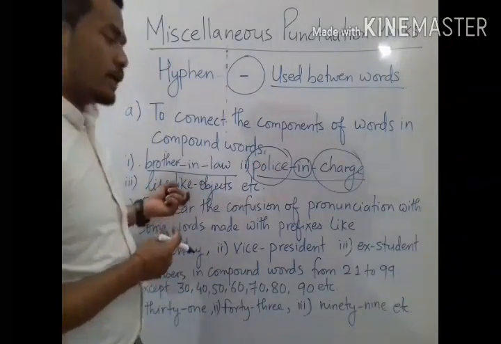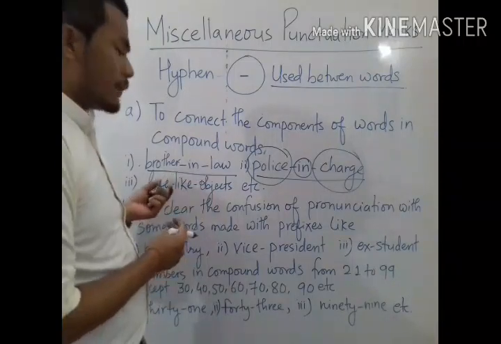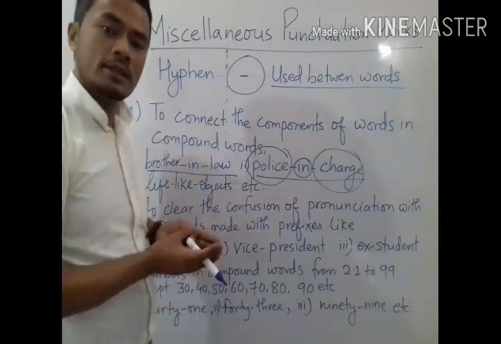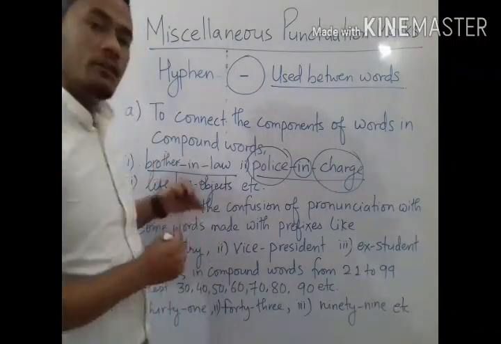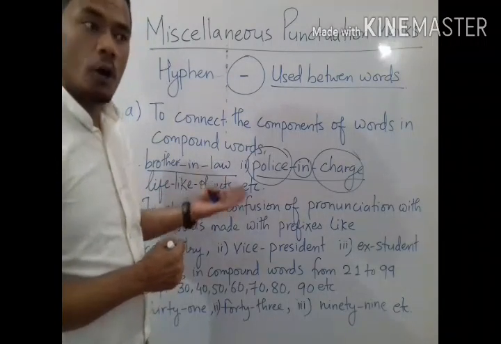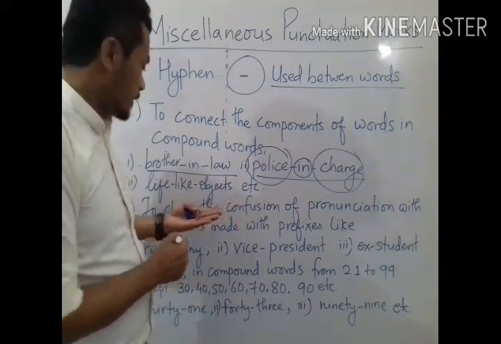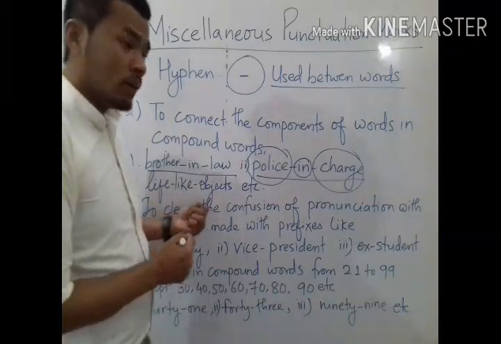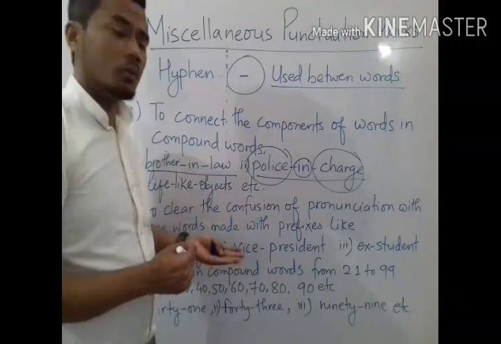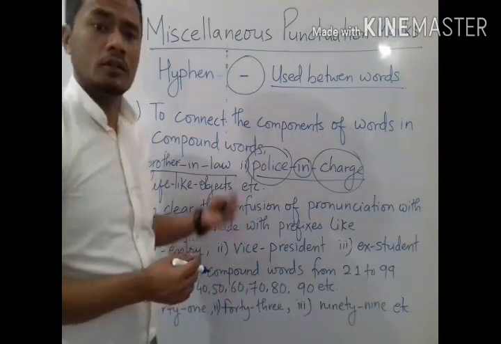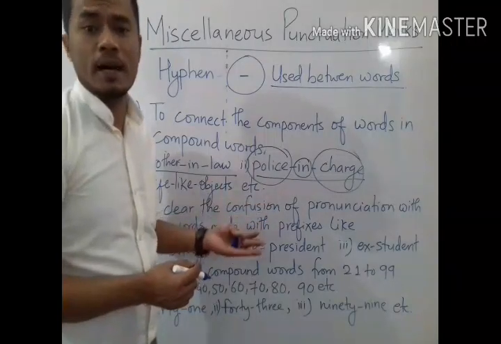Like lifelike objects: here life-like-objects refers to one single noun. Understood? We can frame other compound words like father-in-law, daughter-in-law, passers-by.